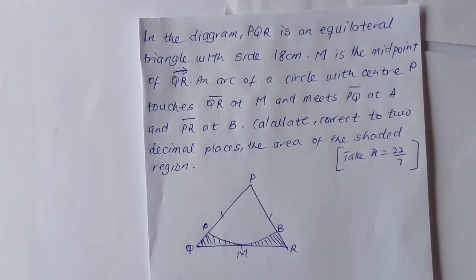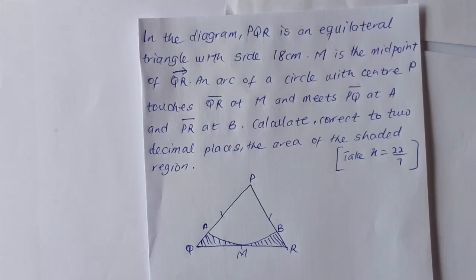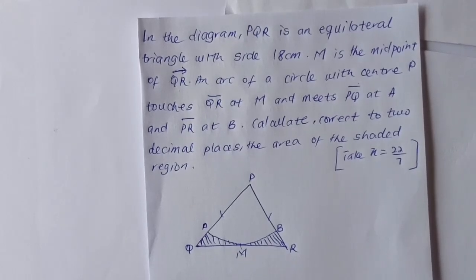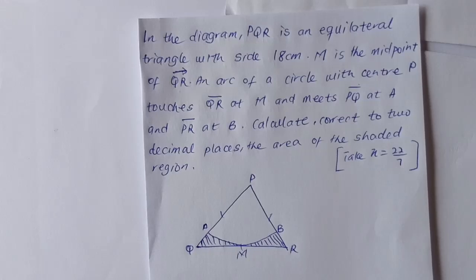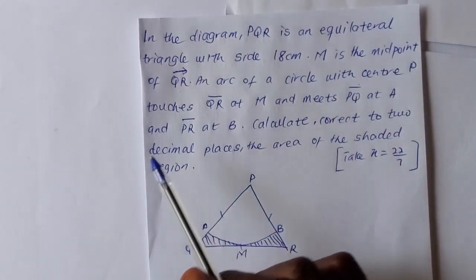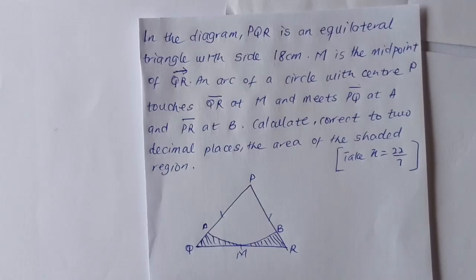Let's say that in the diagram, PQR is an equilateral triangle with side 18 centimeters. M is the midpoint of QR.